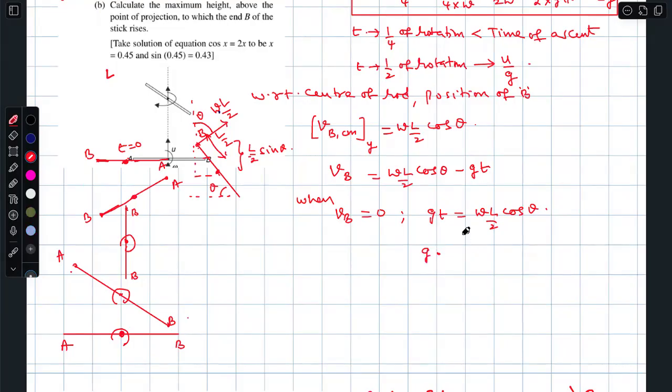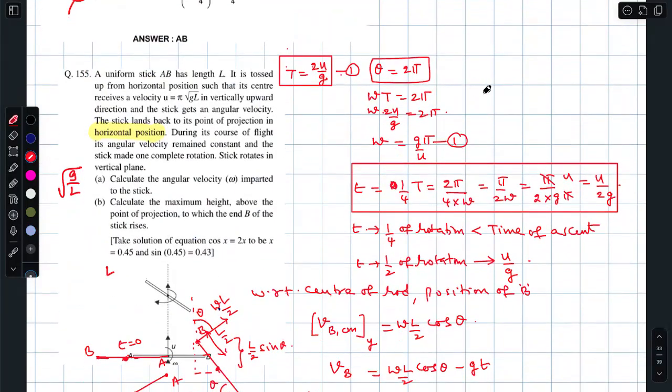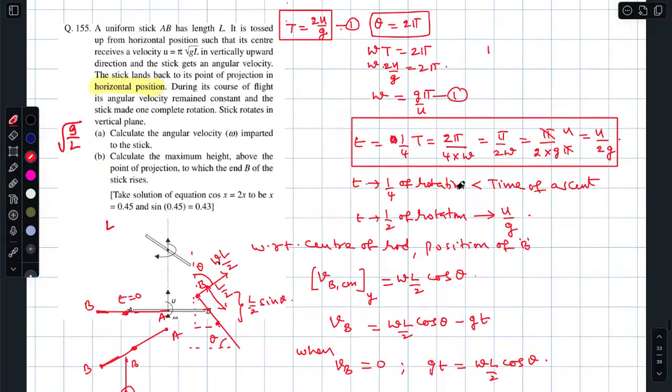Omega we already know. Let me do this correctly. For theta to be 2 pi, time 2u by g is required. Omega times 2u by g is 2 pi, correct. So gt is omega, omega is g pi by u.